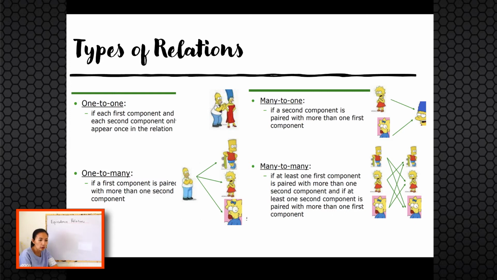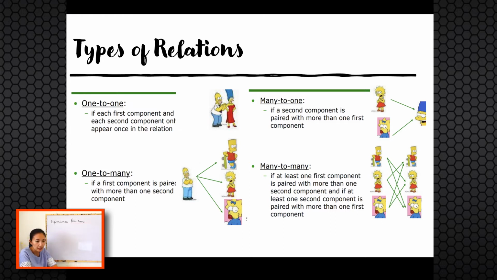So there are four types of relations. In one-to-one, one element in X, or in the domain, is paired to one element in the range. If each first component and each second component only appears once in the relation, then it's one-to-one.